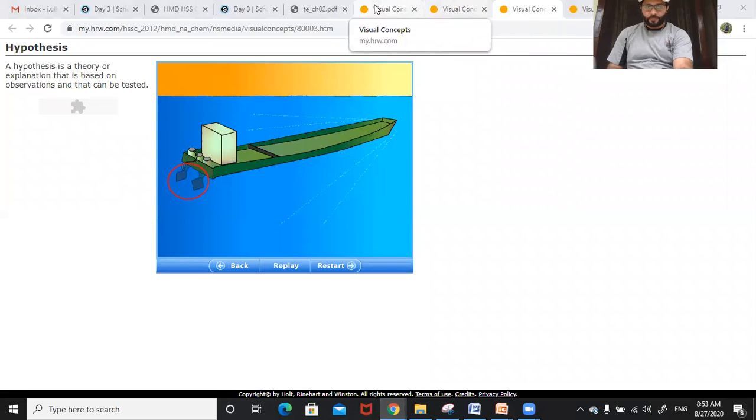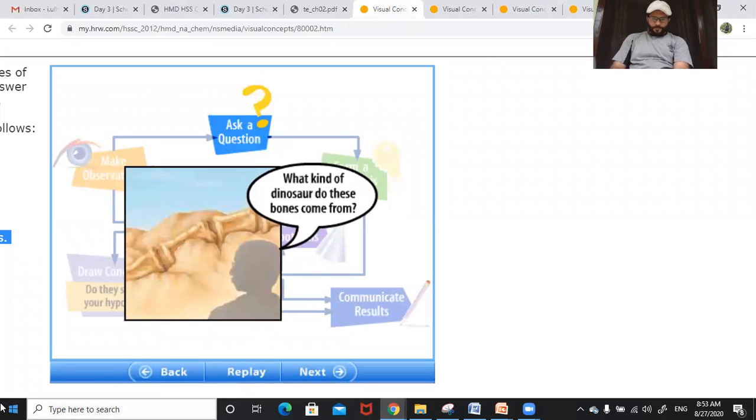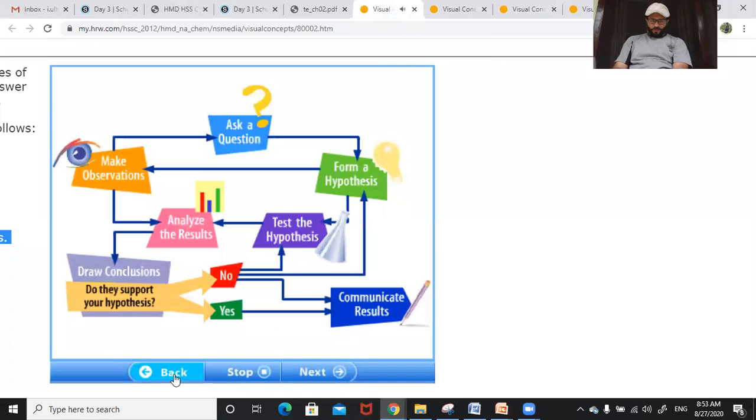Okay, look over here. Just look, this is what I'm going to show you right now. These are the steps involved in the scientific method. We will discuss each and every step in detail right now.